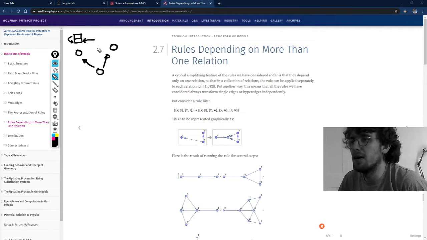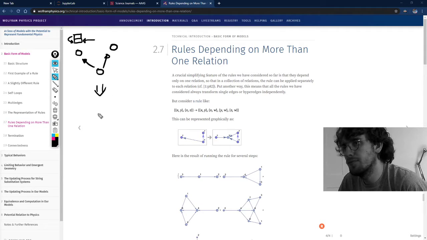Then we pull out the bottom one, which gives us the top one still linked to the bottom one that we pulled out.